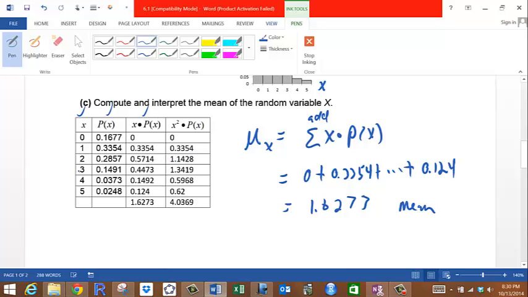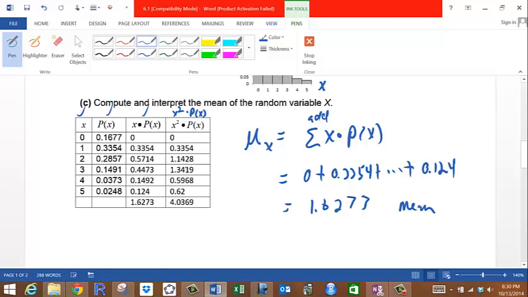And then 3 squared, remember we're taking x and squaring it and then multiplying by p of x. So 3 squared is 9, and 9 times 0.1491 is 1.3419. And then 16 times 0.0373, and then 25 times 0.0248.